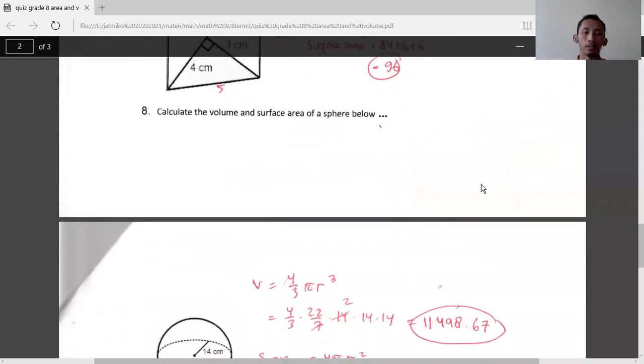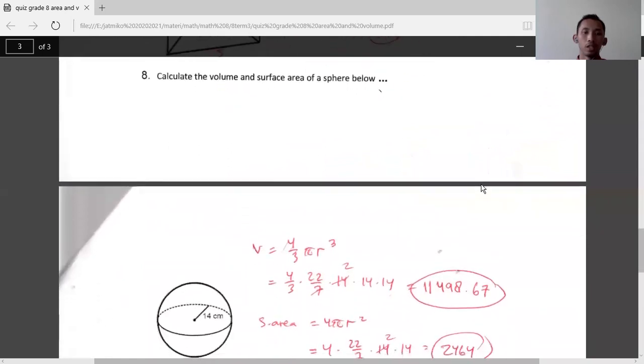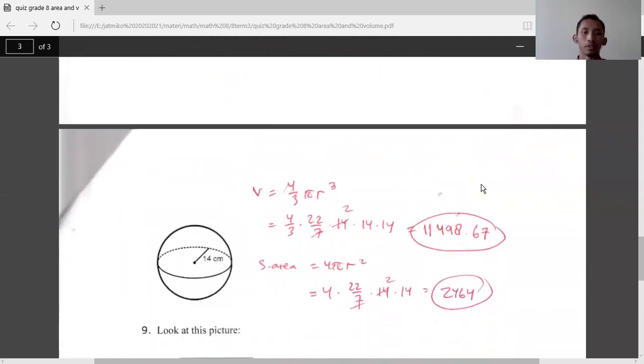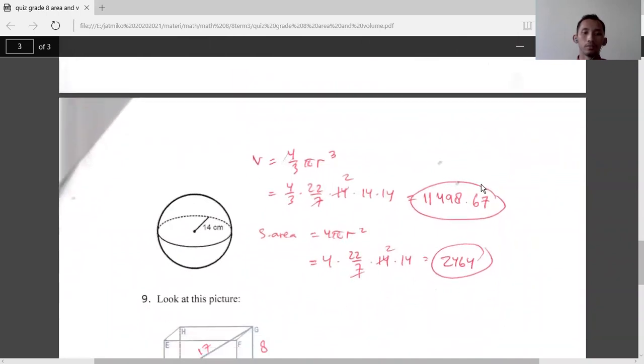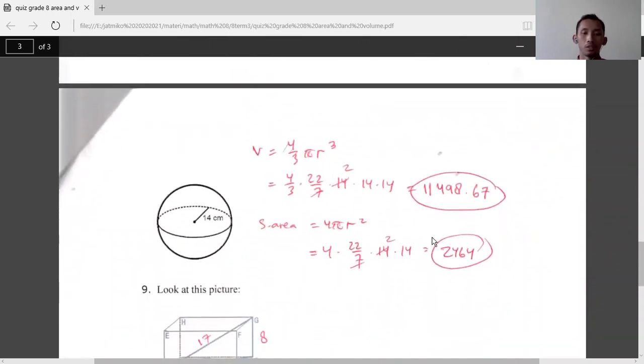We move to number 8, another shape. Now we choose a sphere. The formula was already mentioned in the previous handout. Volume is 4 per 3 pi r cubed. 4 per 3 pi, 22 per 7. R is 17.